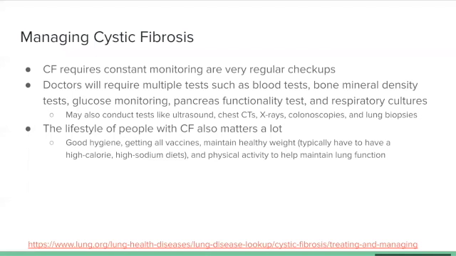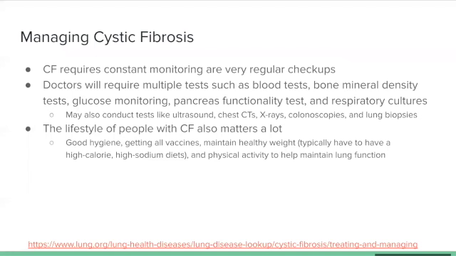And some tests that could be recommended by your doctor for further checkups will be ultrasound, chest CTs, X-rays, colonoscopies, and lung biopsies. Other than doctors, people with CF can live a healthy lifestyle, including good hygiene, getting all their vaccines, maintaining a healthy weight, and physical activity to help maintain lung function.